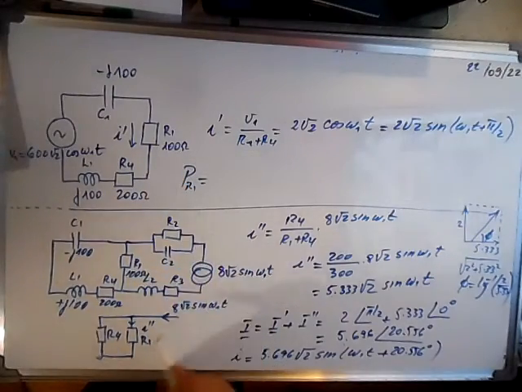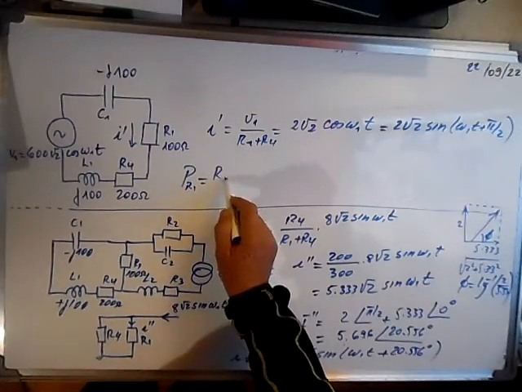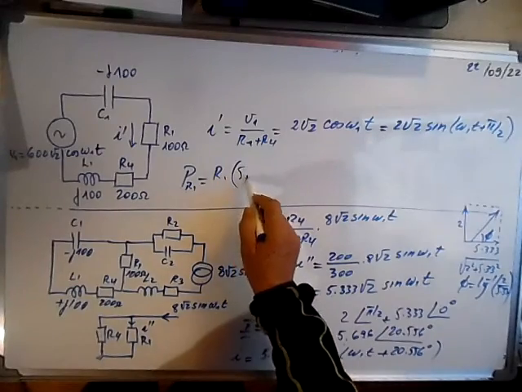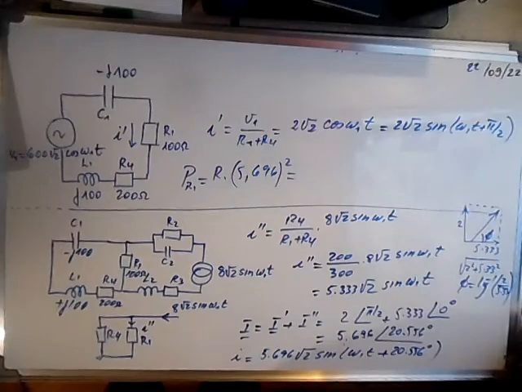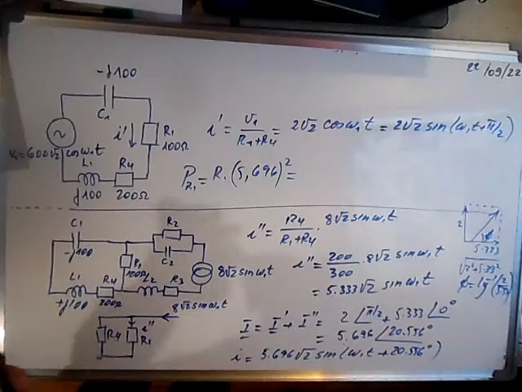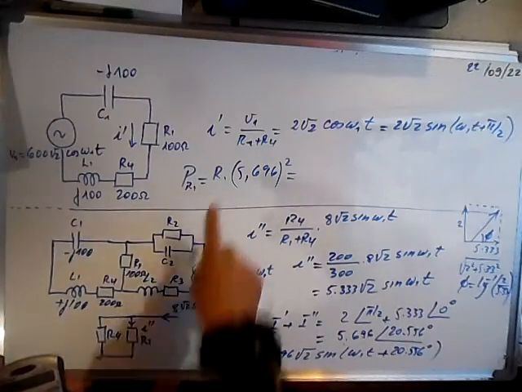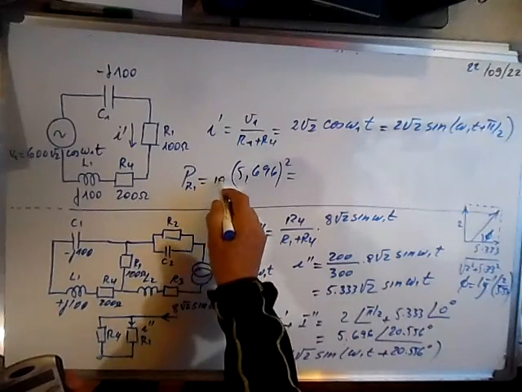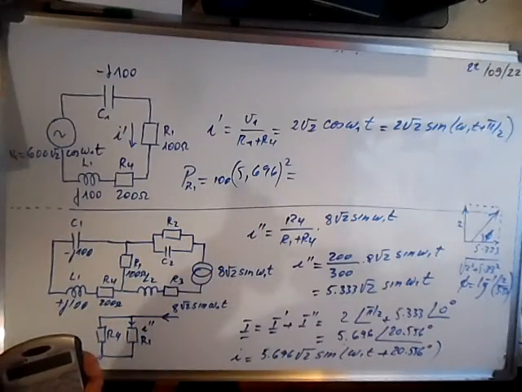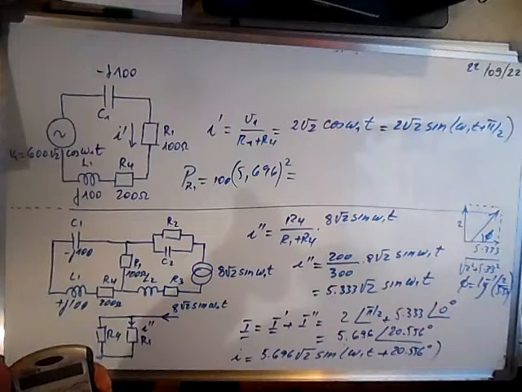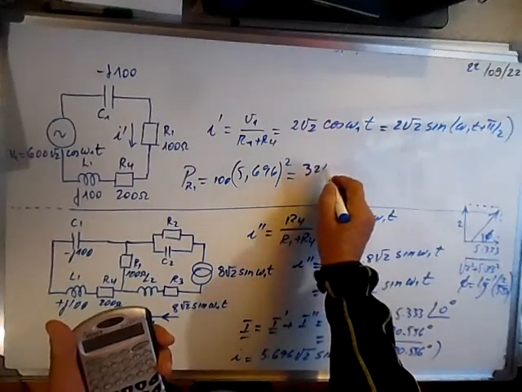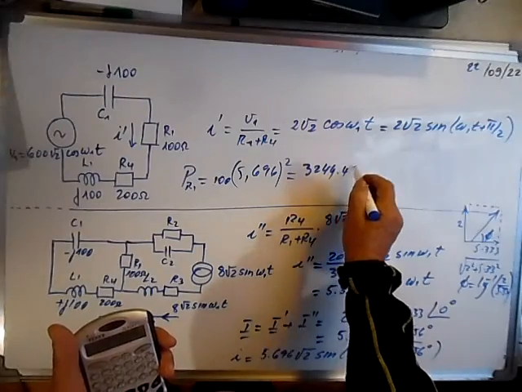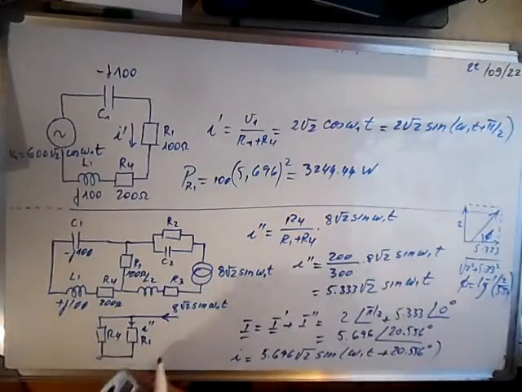And we can calculate the power dissipated in this resistor. It's R1 times 5.696 squared, which is 5.696 squared times 100, and this is 3244.444 watts.